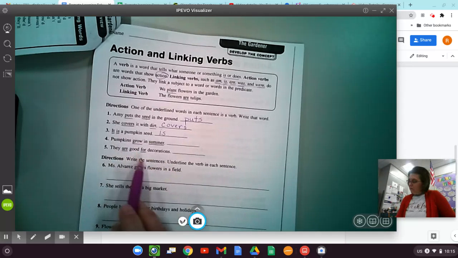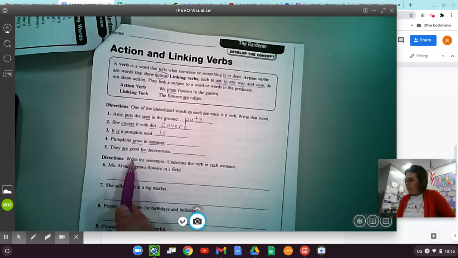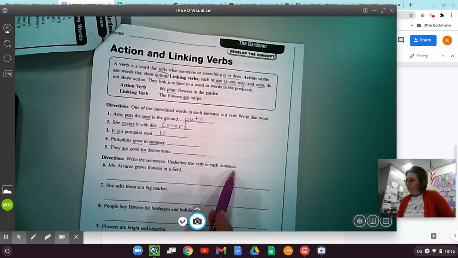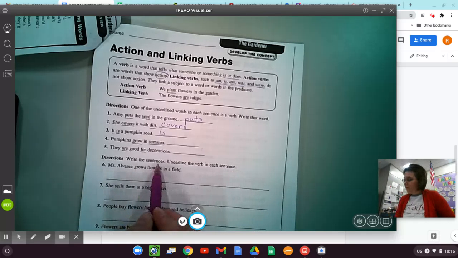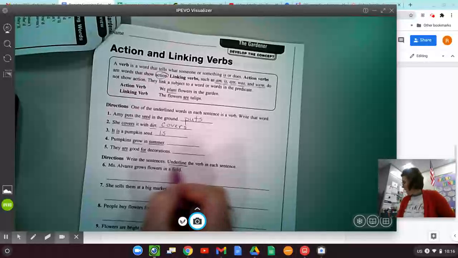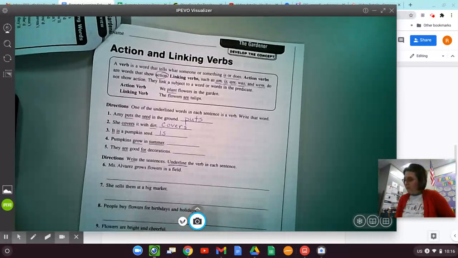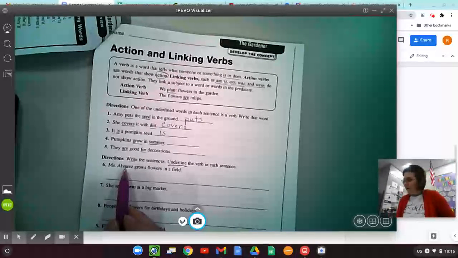Before you do though, let's take a peek. Write the sentences, underline the verb in each sentence. So you have to write the sentences, underline the verb. Miss Alvarez grows flowers in a field.